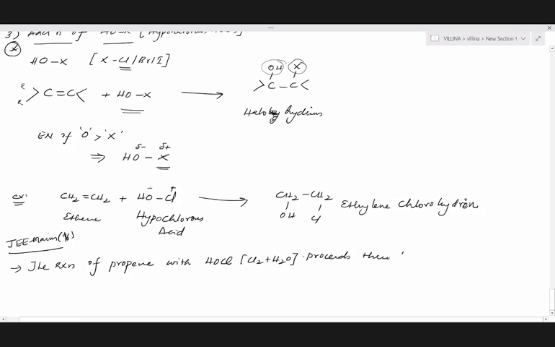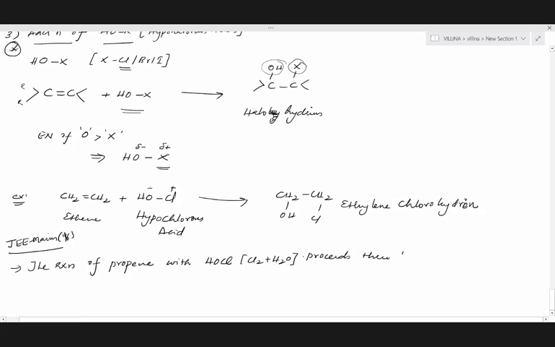Because of that, the polarization of the oxygen-halogen bond will happen in this way. Oxygen will end up having delta negative and the halogen part will have delta positive. So this is the crucial step. If we don't know what will be added to our alkene first, we cannot determine the product.